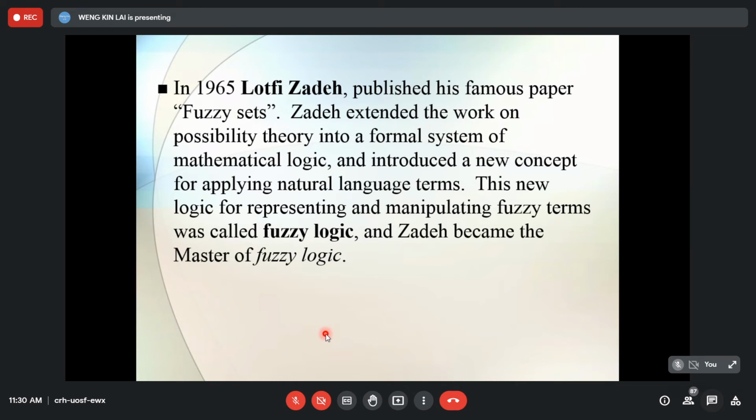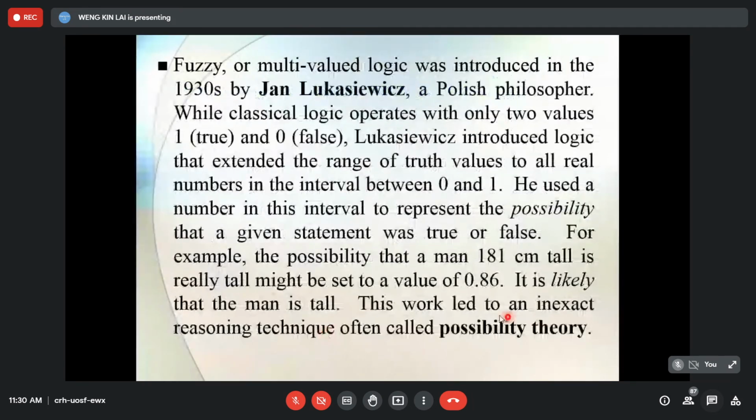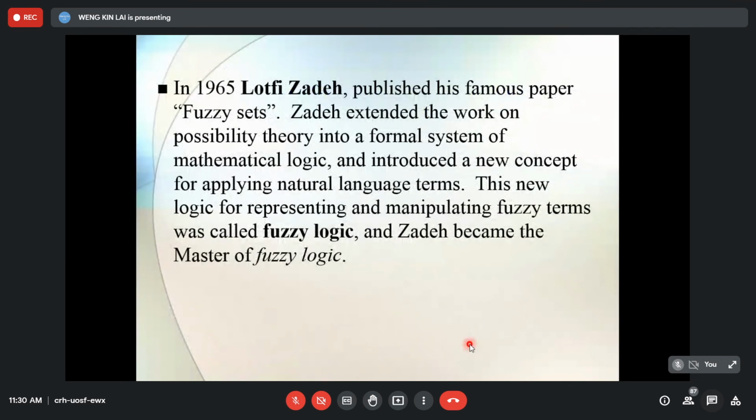So he extended the work of the earlier possibility theory, as we said before, from this Polish philosopher. That's how you proceed, you extend the work.